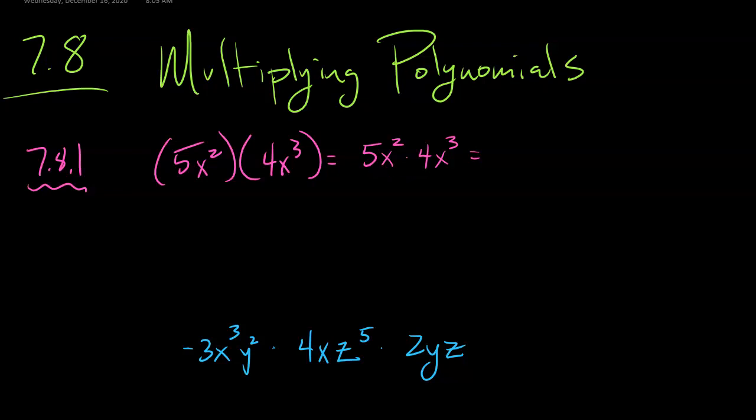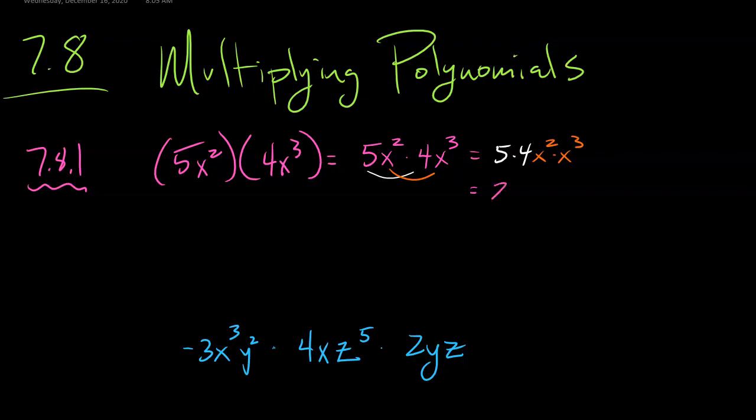Here, let me try to color code this. Come on, there we go. I'm going to do the 5 times the 4 first, and then I'm going to do the x squared times x cubed next. It's still all one answer because I just rearrange things, but I group them together so that I can combine things.